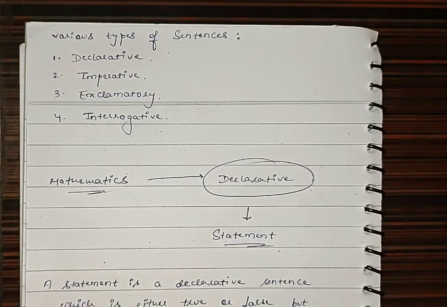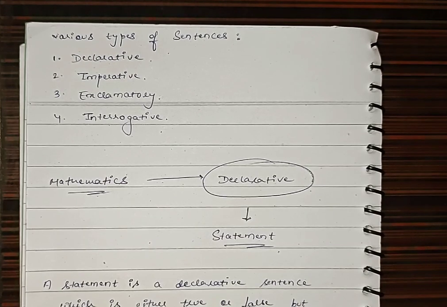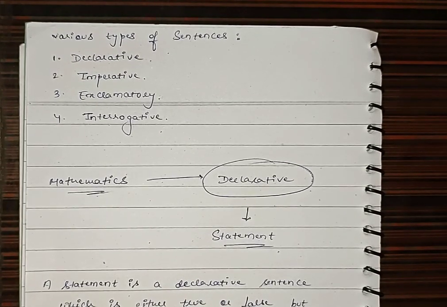The first type is declarative sentence. Declarative sentences are assertive in nature, meaning when we use a declarative sentence, we are stating a fact or giving out some piece of information. The second type is imperative sentences. Imperative sentences are usually concerned when we are giving out a command or asking for a favor, like a request.